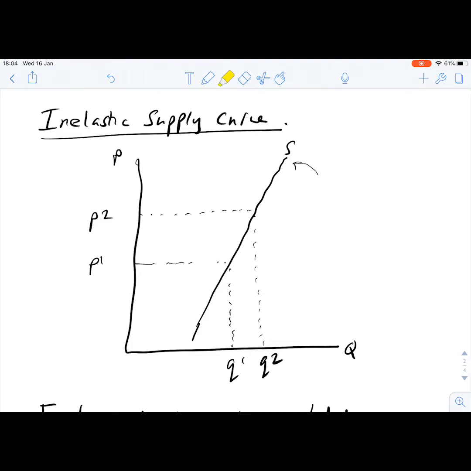But look at the difference here, the increase in price is actually greater. The percentage change in quantity supplied is less than the percentage change in price. You can see the difference between the two.